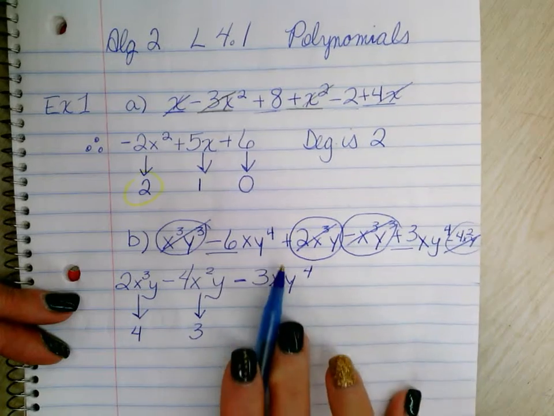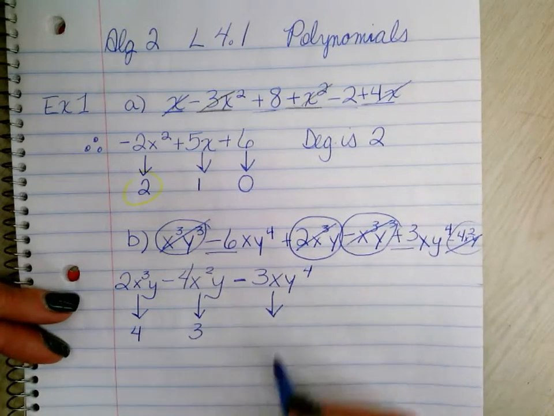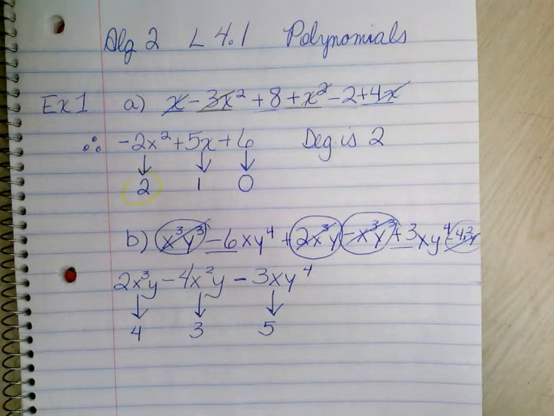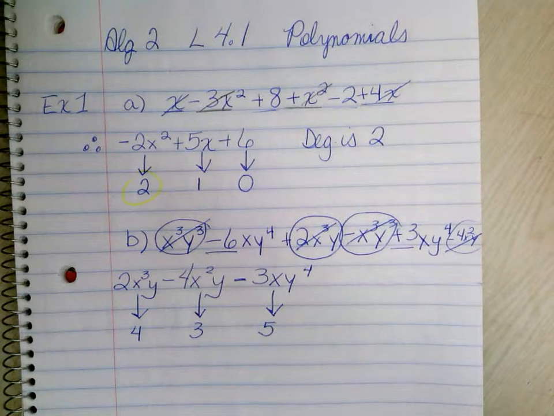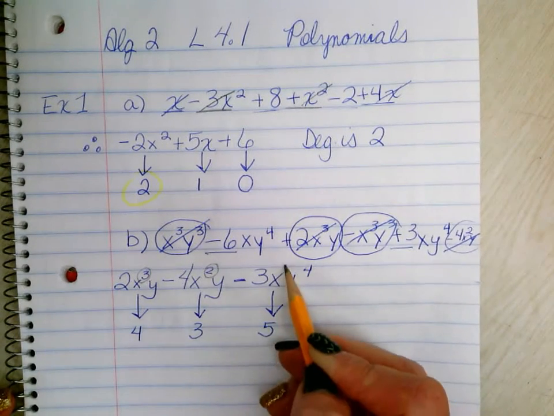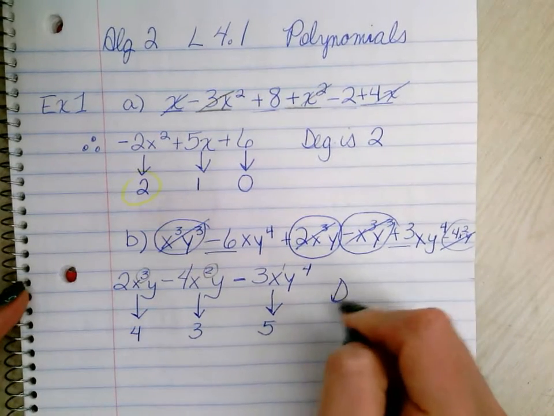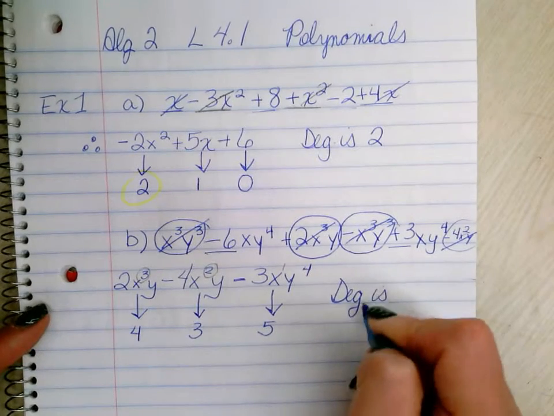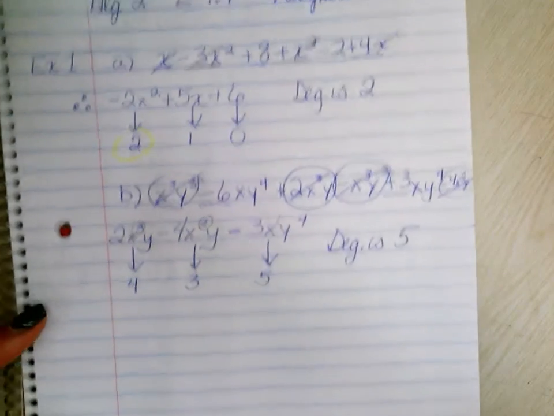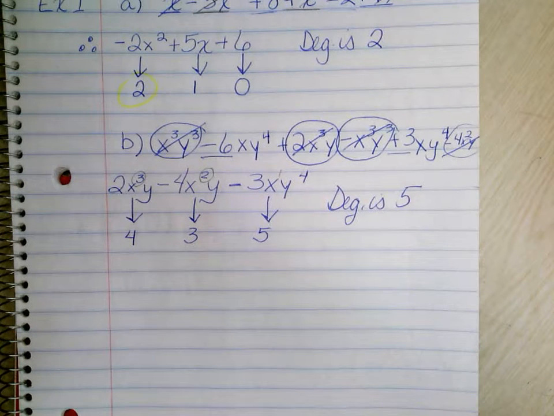Now remember, they told us to write it in decreasing degree of x. So x cubed is first, x squared is second, and x to the first is third. Okay? We have a degree, which is the highest number, 5. Okay? There's your degree. Moving on.